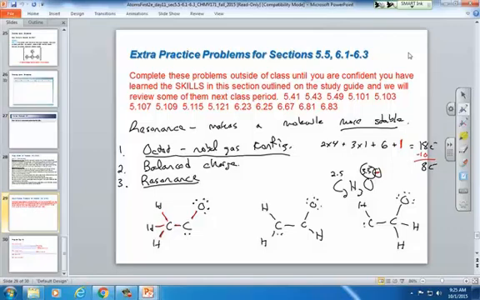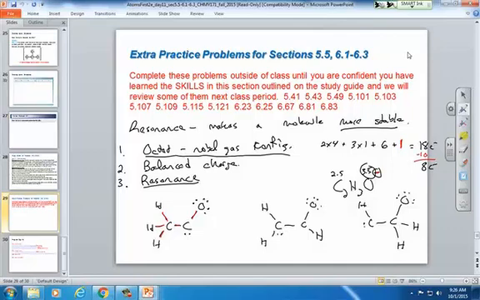So at this point, how do I look? Do any of these structures stand out as looking more stable than the others? Or maybe a better question would be, do any of them stand out as looking less stable, and I could say this is not a good arrangement for the atoms, it's not likely to exist.